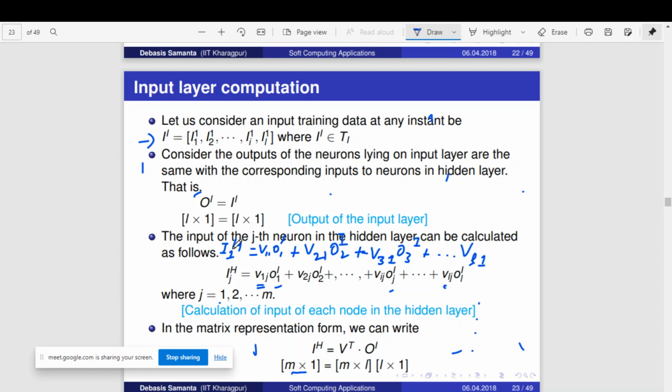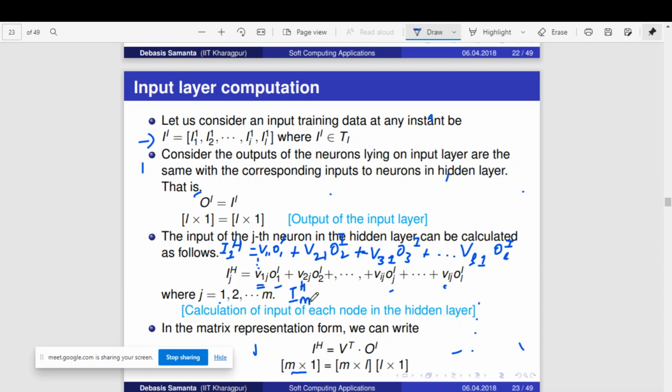L neurons. We are considering this for the first neuron of the hidden layer. So this is for the first neuron, and this is for the jth neuron. Like that you can calculate for the mth neuron.